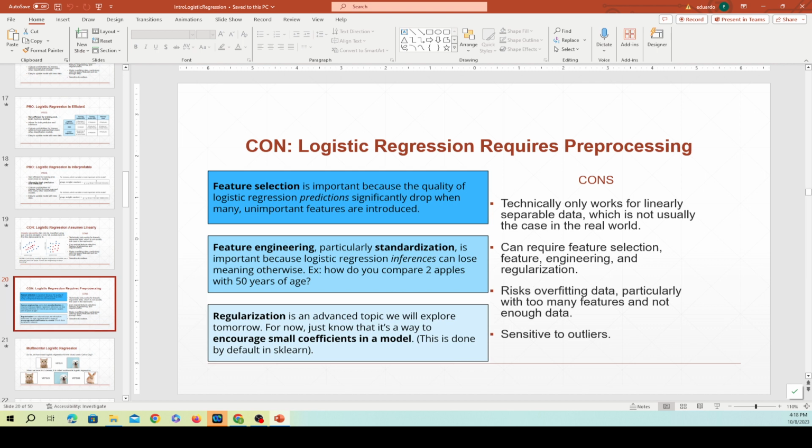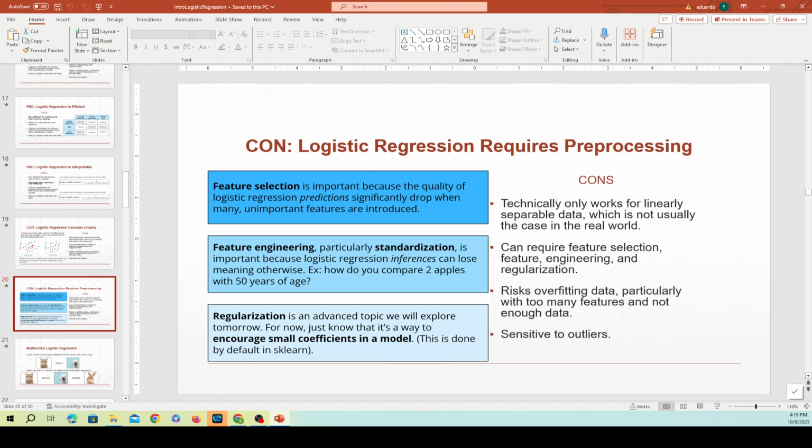We mentioned feature selection again. Feature selection is important because the quality of the logistic regression predictions significantly drops when many unimportant features are introduced. So when we use features that do not have any impact on the predictions, we're going to be wasting time and resources, and might also skew our data.